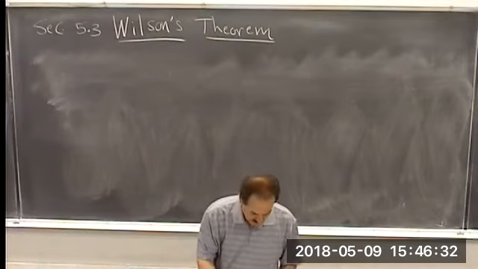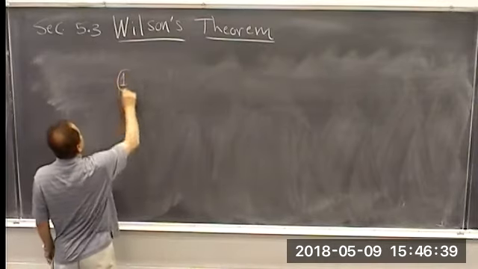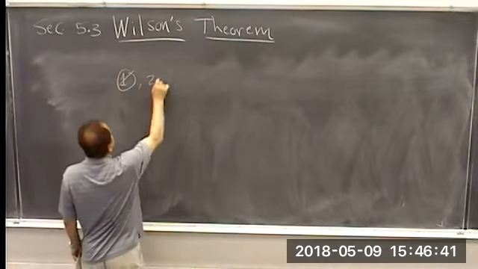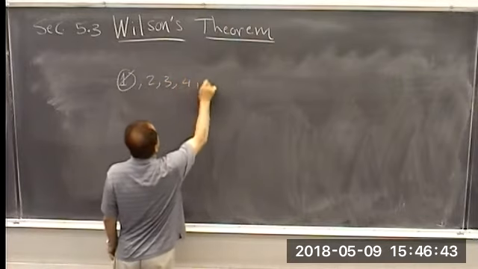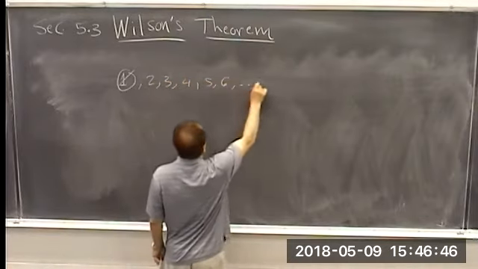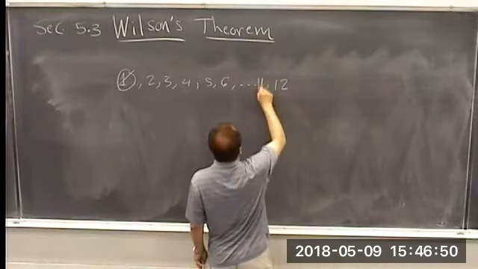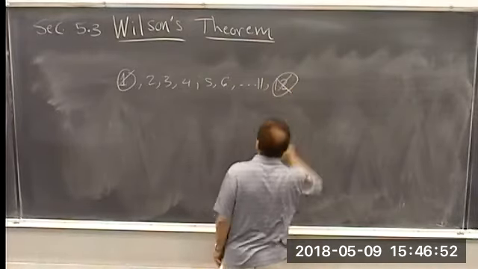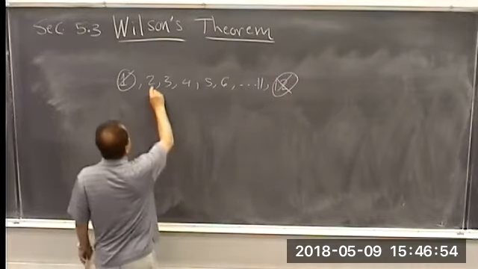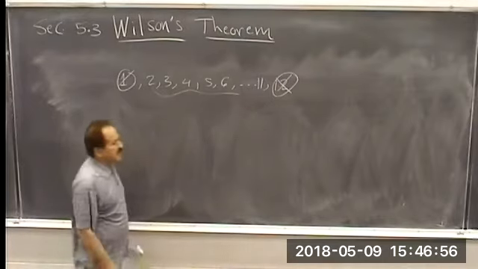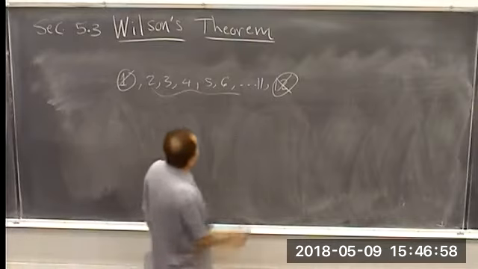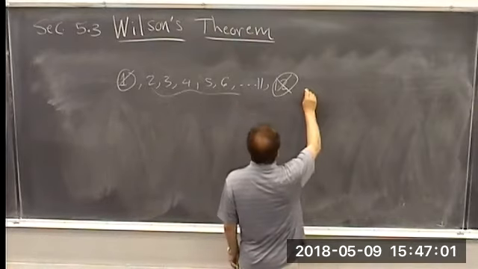In other words, if I remove these from the list, then we end up with 10 numbers left, and we can put these in pairs.